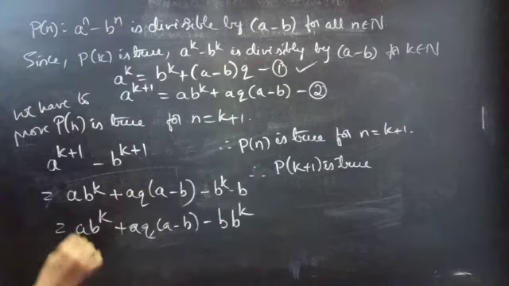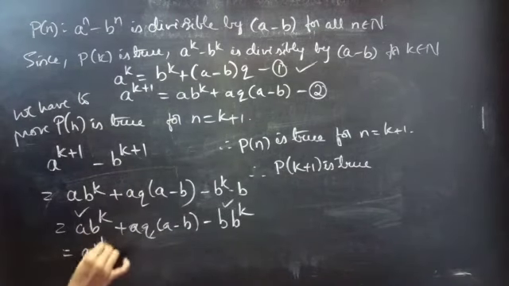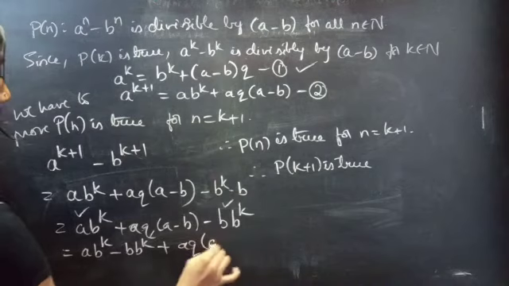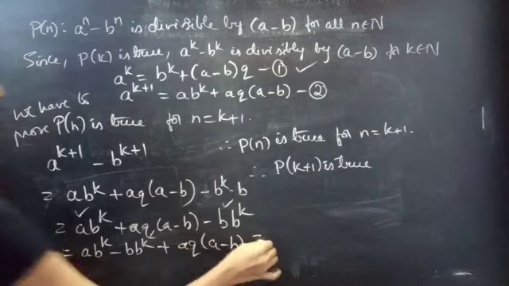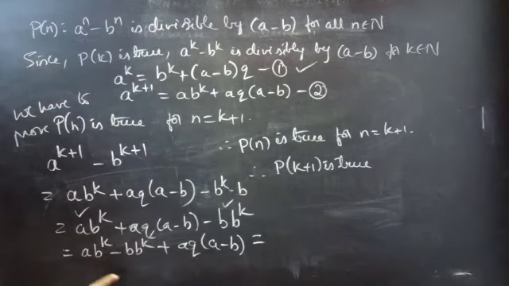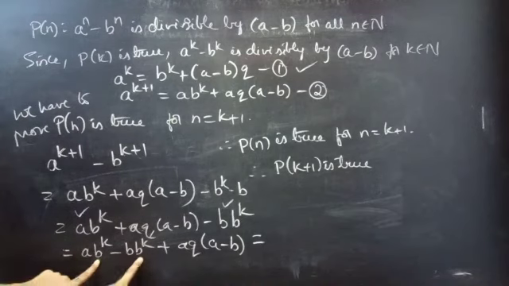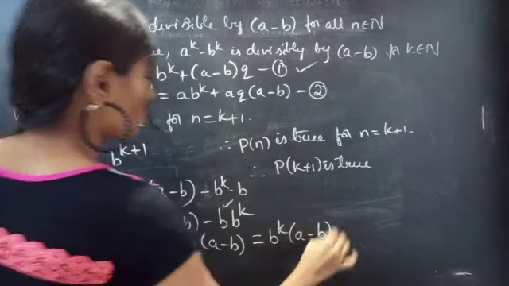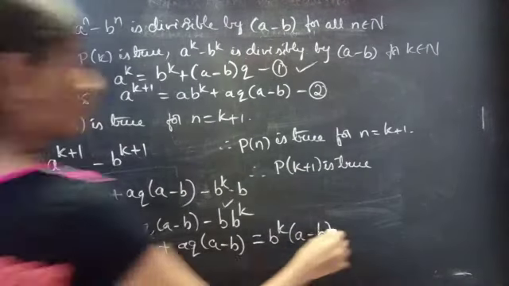Now write the terms involving b power k first. You'll get a into b power k minus b into b power k plus a q into a minus b. If you notice, you have b power k in the first two terms, so let's take b power k common from these two terms, and you'll get b power k times a minus b plus the second term as it is.